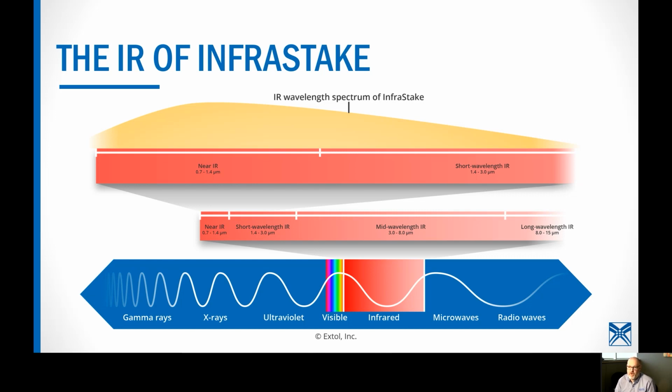So it's a very large portion of the IR spectrum, but it's not what you see with the human eye. The closer we get to near IR, or to 0.7, the more efficient it is. We're not using the visual portion of the spectrum, we're using IR from 0.7 to 20.